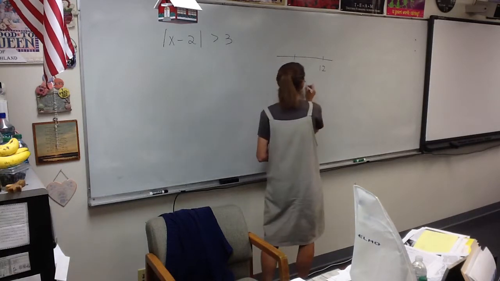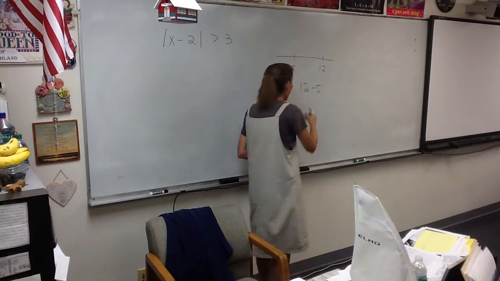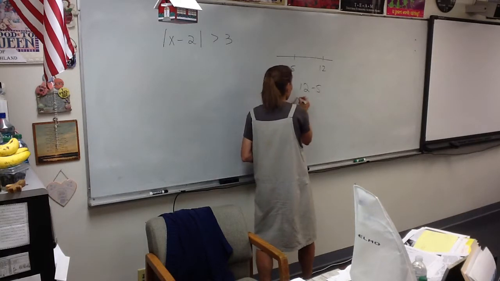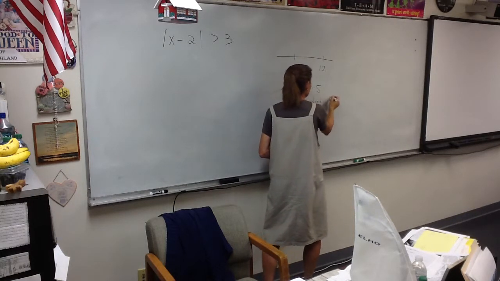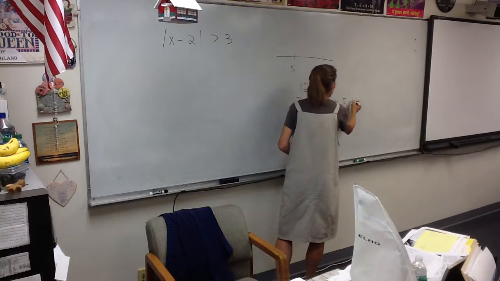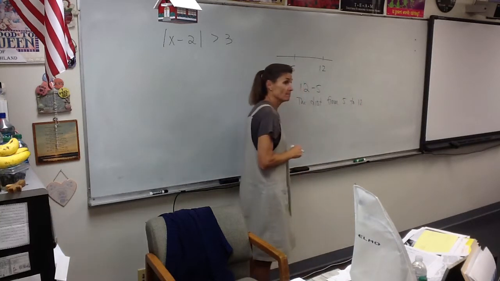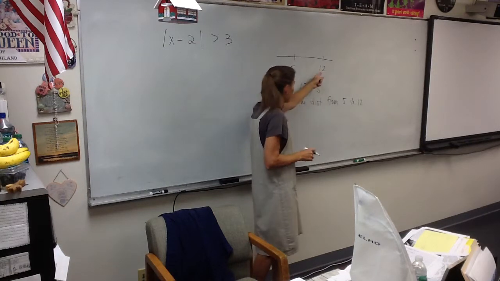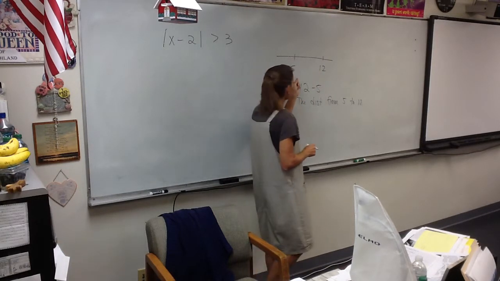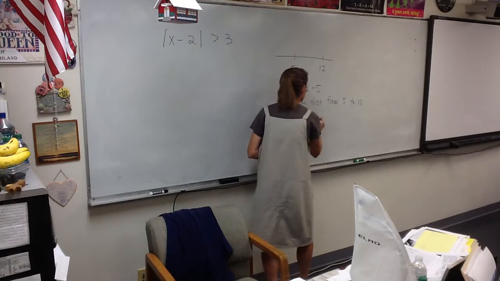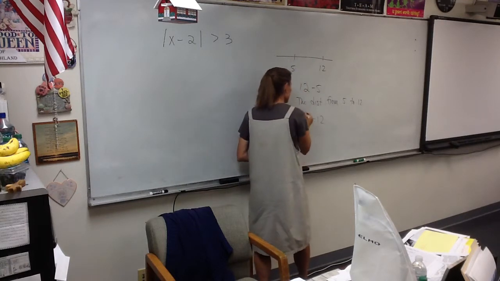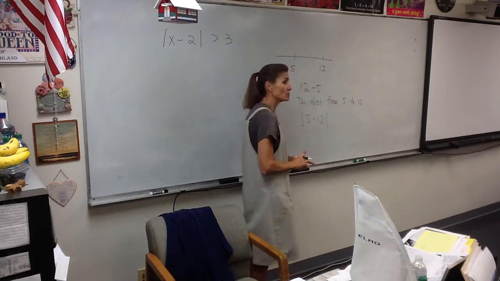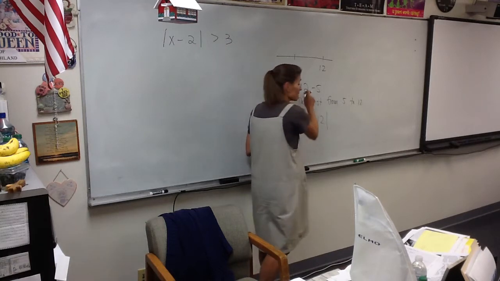So when I see a subtraction, I think of that as a distance. This is the distance from 5 to 12. Would you agree with that? Now, we subtract usually big minus little. But if I subtracted the other way around and said 5 minus 12, as long as I took the absolute value of that, would that be the same as this?